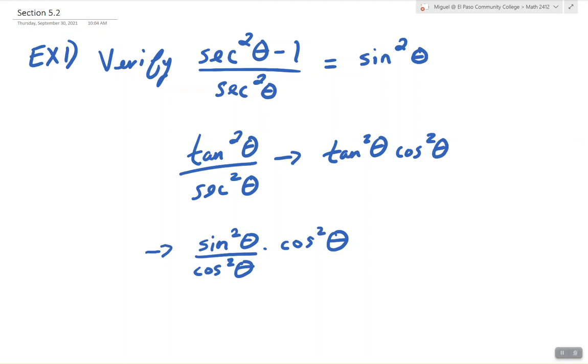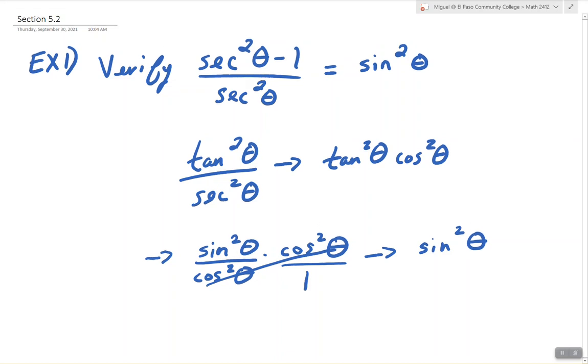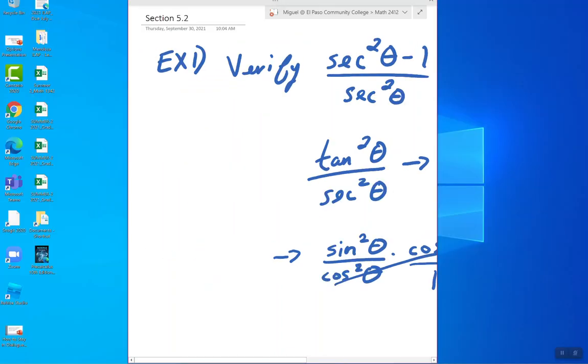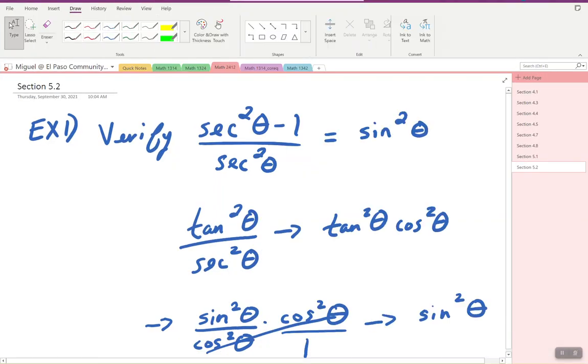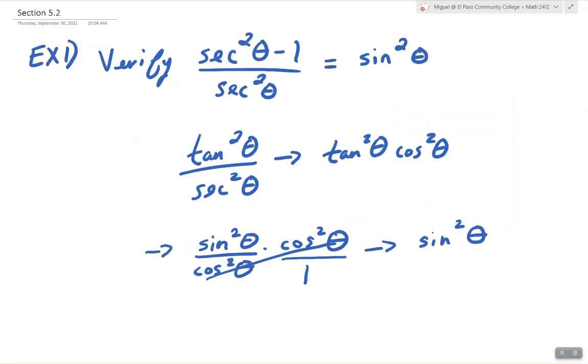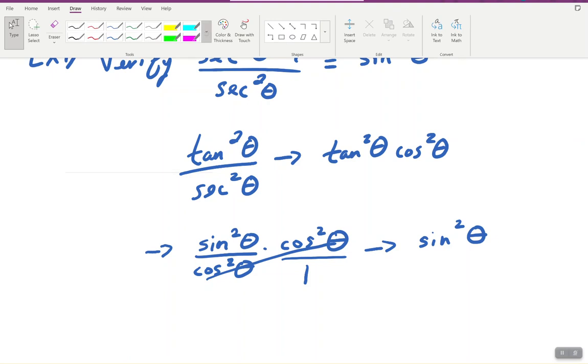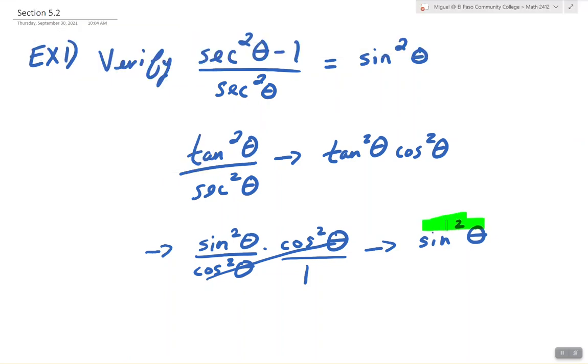These are being multiplied, so we have a cosine squared on top and cosine squared on the bottom. We can see that these are going to divide out, and I'm going to be left with sine squared. We end up with the same thing that was on the right side.